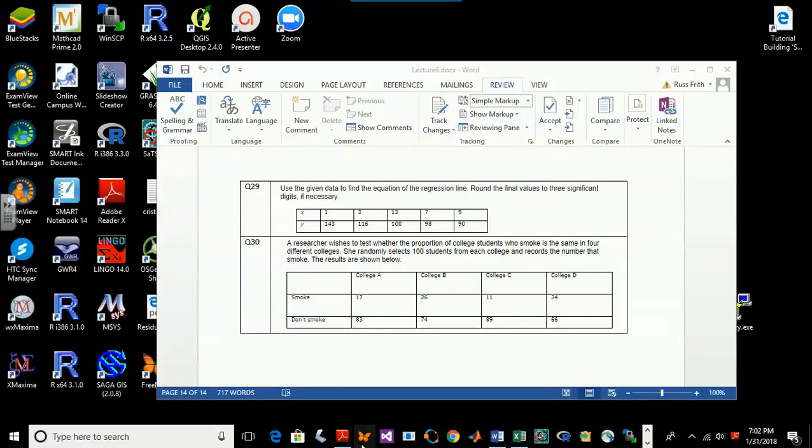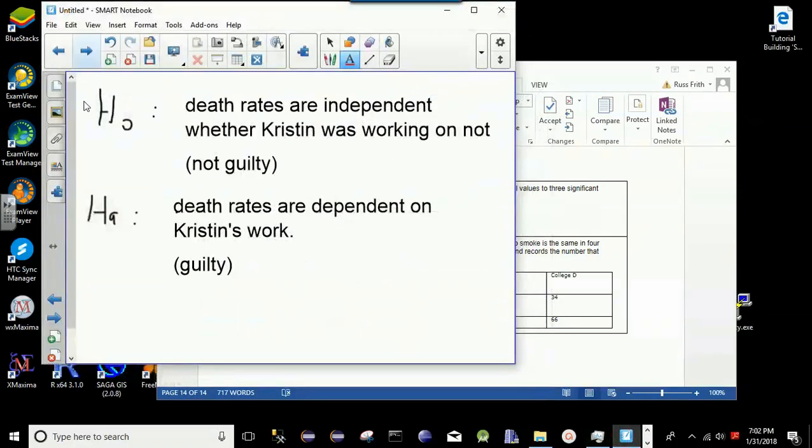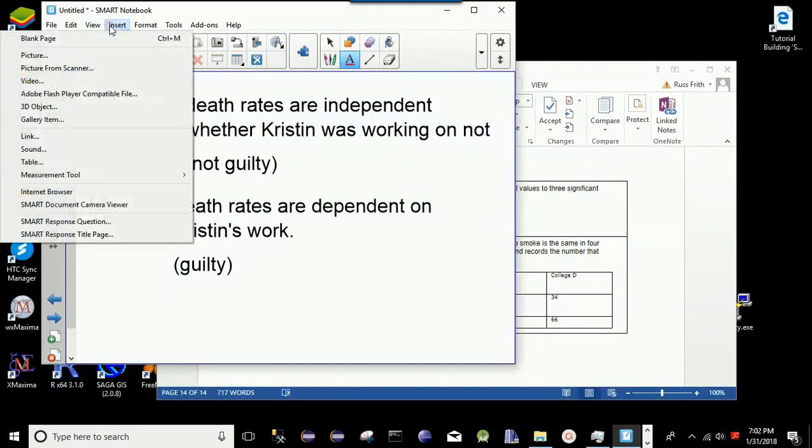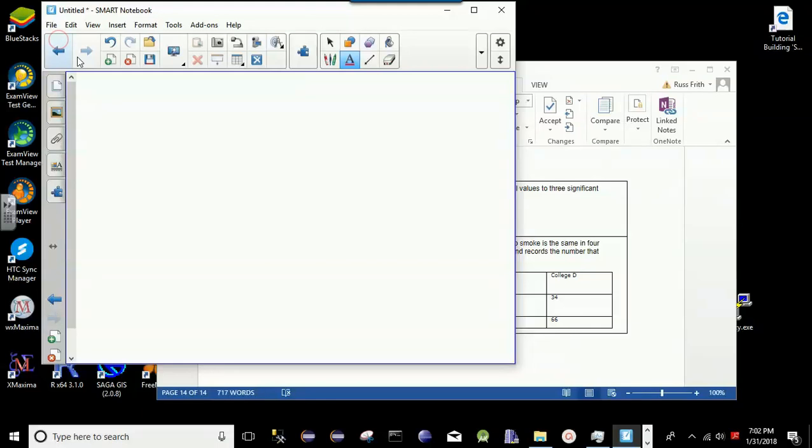So we need to formulate the null and alternate hypotheses. The null hypothesis is that the proportion of smokers is the same at all 4 academic institutions.